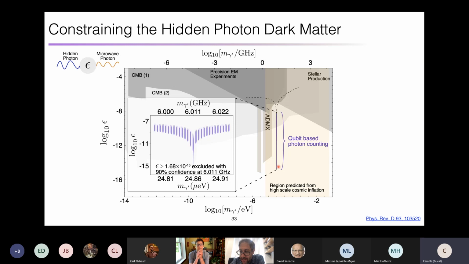Right. Okay, thank you. And I have actually a second question. This is more related to the paper than to the talk. When you find this exclusion mixing angle, like you're saying that it's above some value, you're assuming that the density of dark matter is entirely made of hidden photons, right?